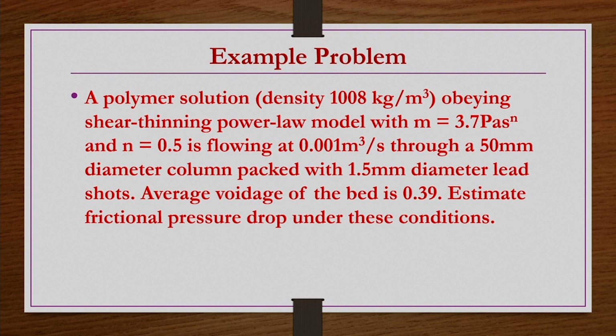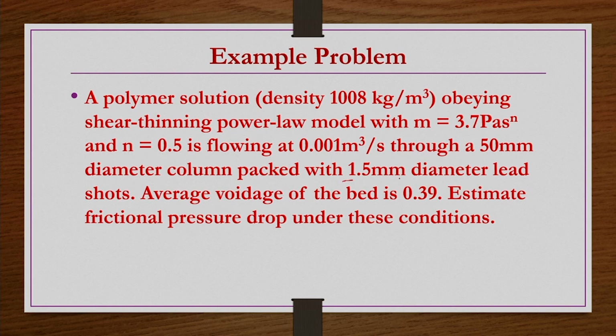So, now before winding up today's class, we take an example problem, to understand which expression we should use, especially when we have a flow of a non-Newtonian power law fluid flowing through a packed bed. Okay. A polymer solution of density 1008 kg per meter cube, obeying a shear thinning power law model with m equal to 3.7 Pascal second power n and n equal to 0.5, is flowing at 10 power minus 3 meter cube per second through a 50 mm diameter column with 1.5 mm diameter lead shot.